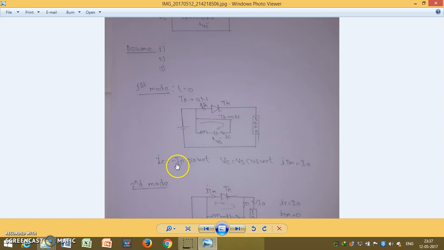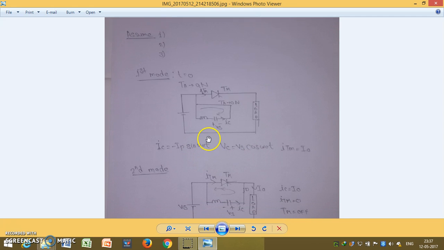So IC is equal to minus IP sine omega naught t. This is the capacitor current. The capacitor current is sine and the voltage is cos, because V is equal to 1 by C integration of I dt, and the integration of sine is cos. At this time ITM is the load current.